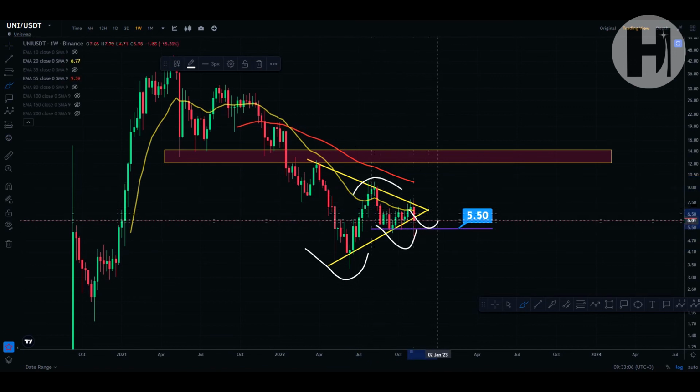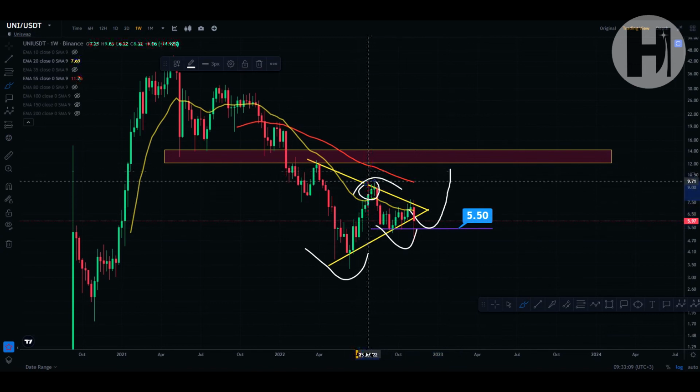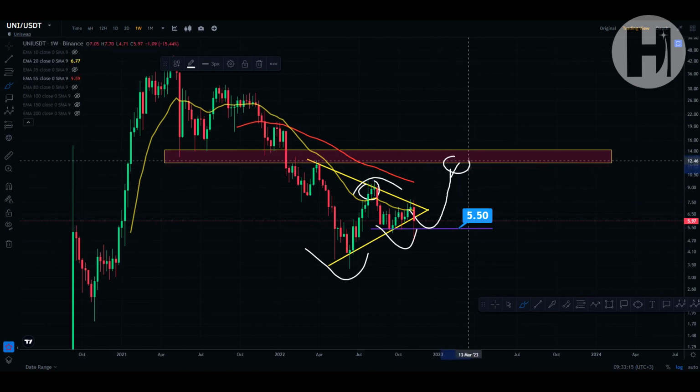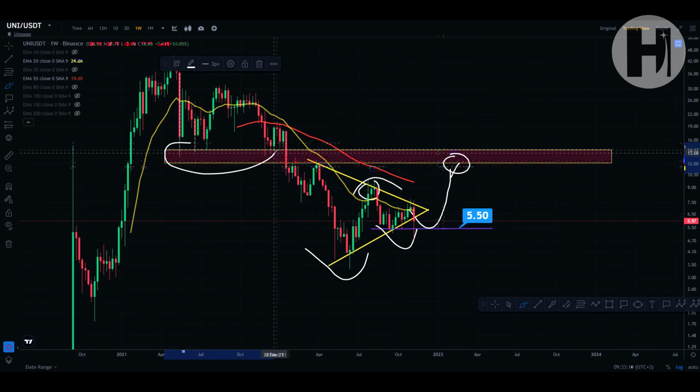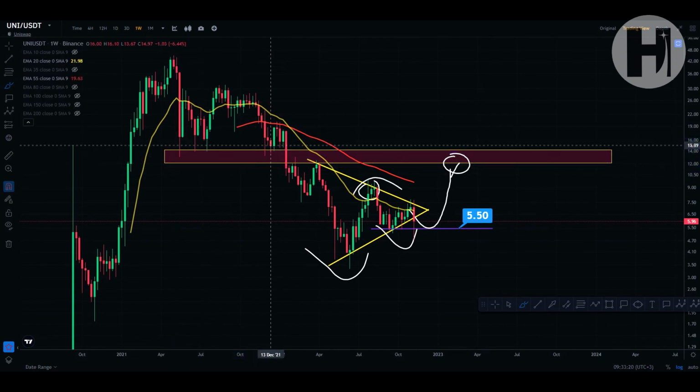If you start bouncing off this support and you start breaking this high that we printed in August, that's going to be a very bullish move, and potentially you start retracing to this resistance block above us, which is essentially the previous support level that we had for multiple months in 2021 and at the beginning of 2022.